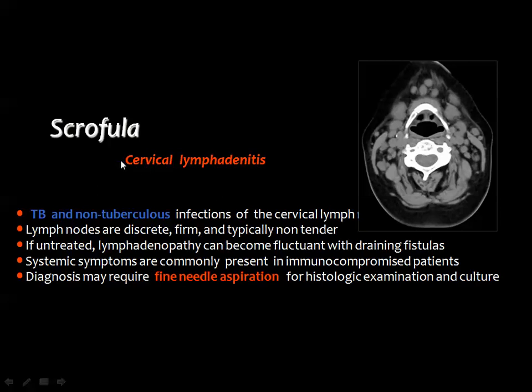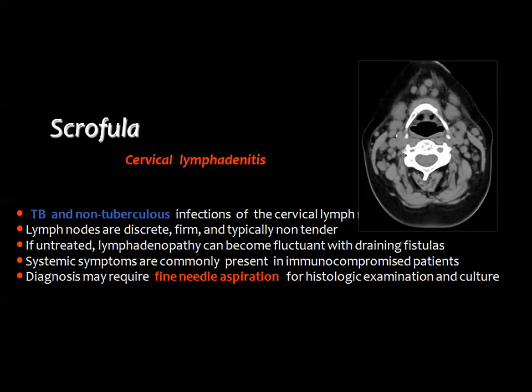And you see here multiple enlargement of the cervical lymph nodes seen in the submental area and around the submandibular salivary gland. This is the gland and this is the node. And deep to the sternomastoid muscle, the deep cervical lymph nodes.